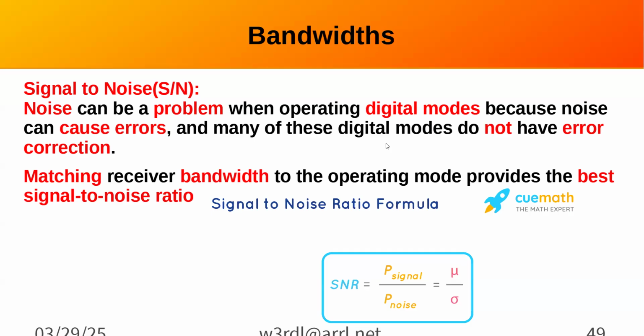Since the signal to noise ratio is the ratio of the signal to the noise power within the band, the narrower the band that you're receiving, the less noise power. Ideally, well, I guess you can actually do it.